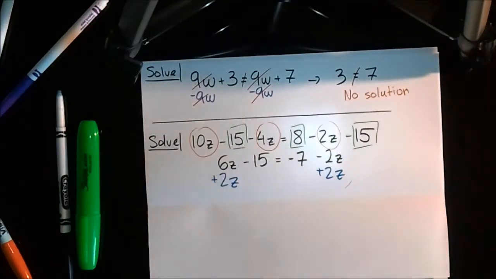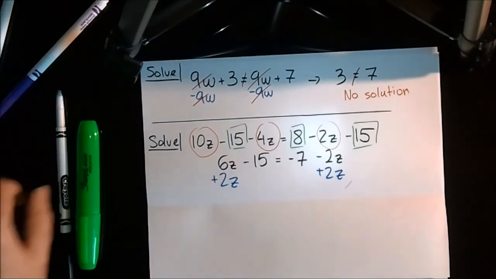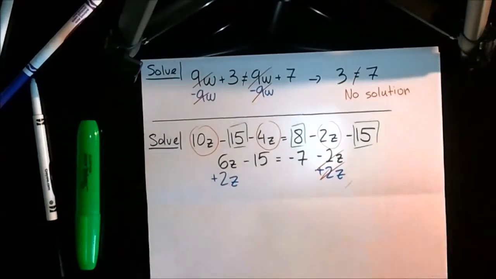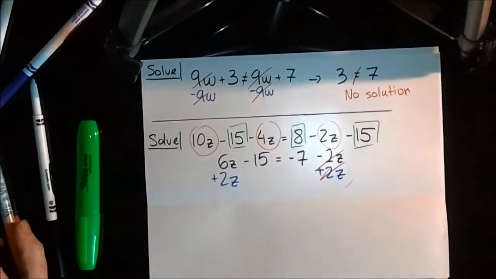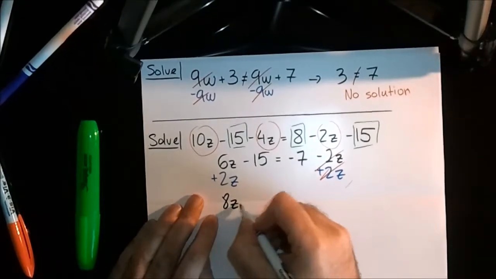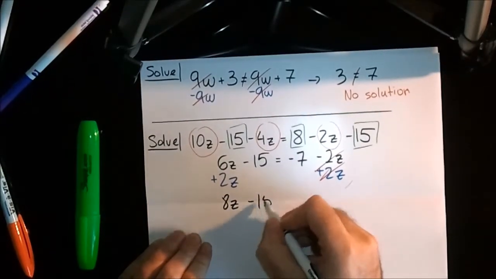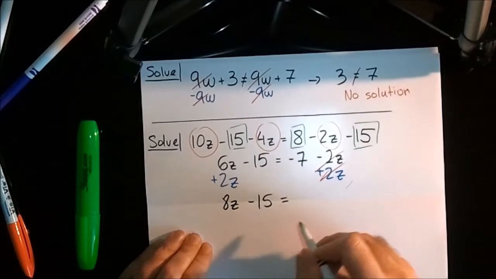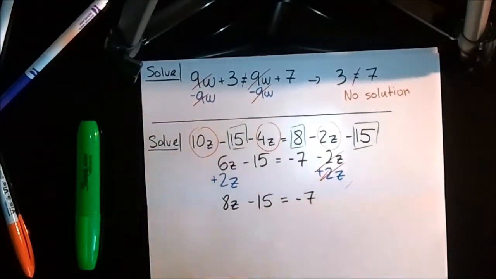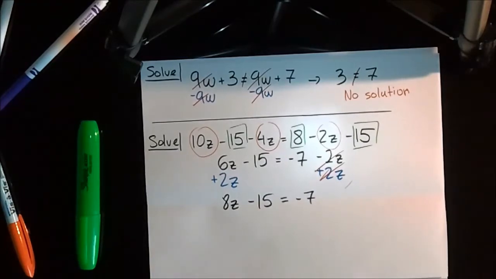And I had to do that on both sides of the equation. That's gone because that's 0. Over here I get 8z minus 15 equals, that's just a 0 now, so I'm not going to write it, equals negative 7.